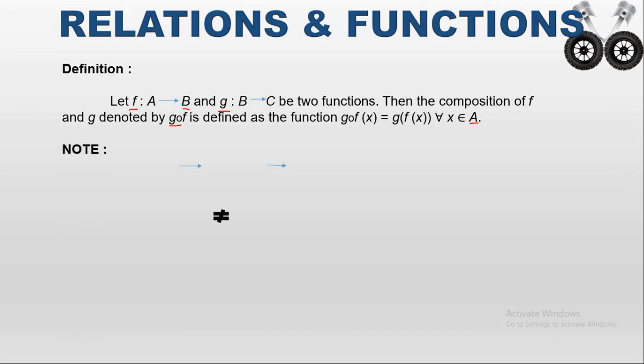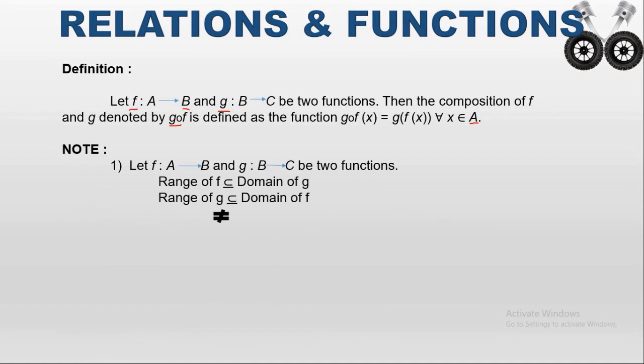Next we will see two notes. What is the first note? Let f be a function from A to B and g be a function from B to C. These two functions are composable. Then the range of f is a subset of the domain of g. So what is the range of f?